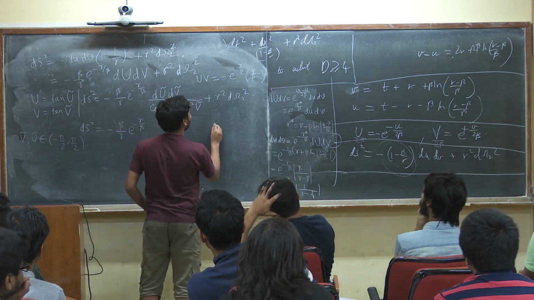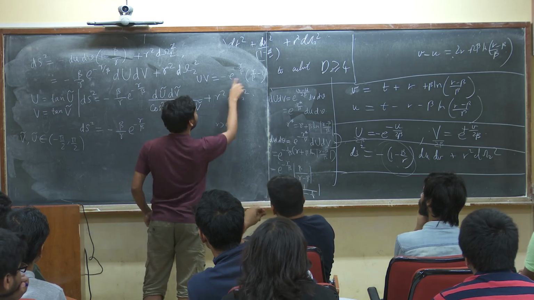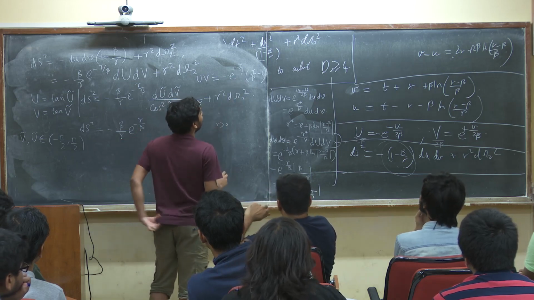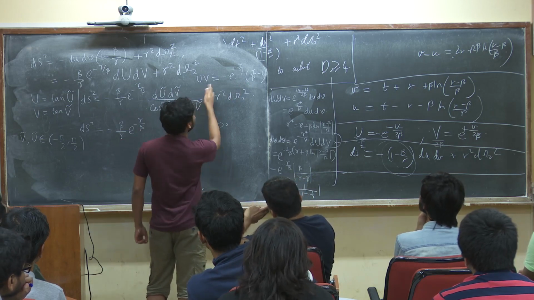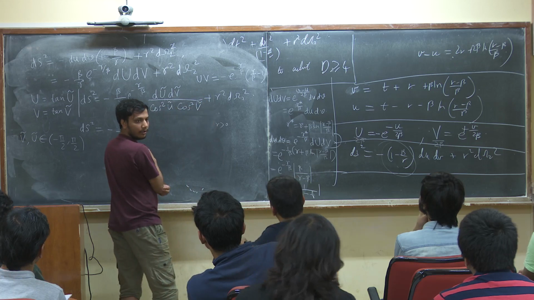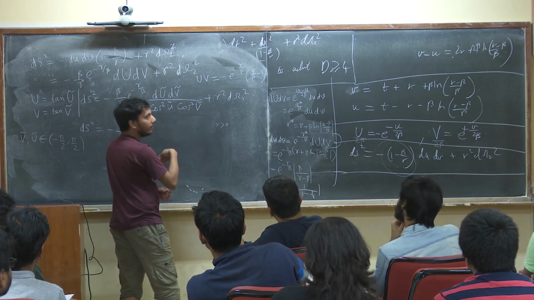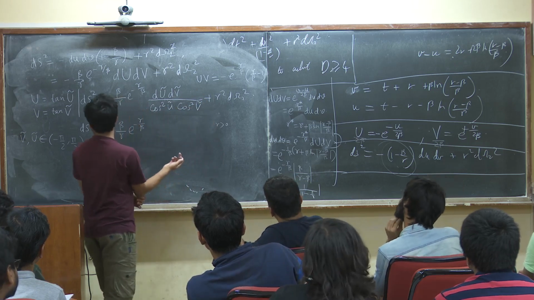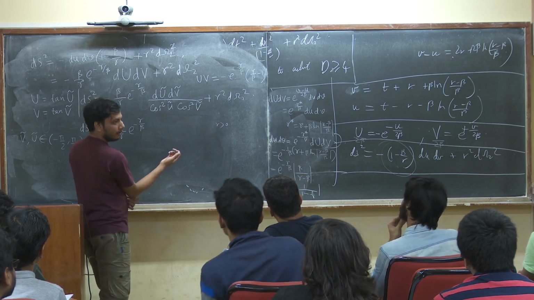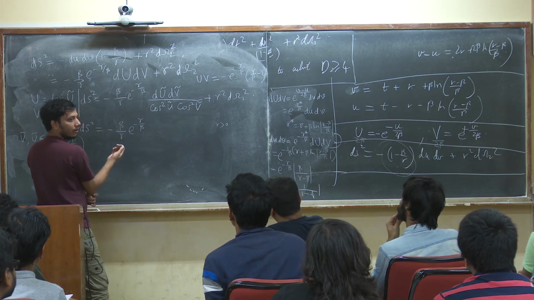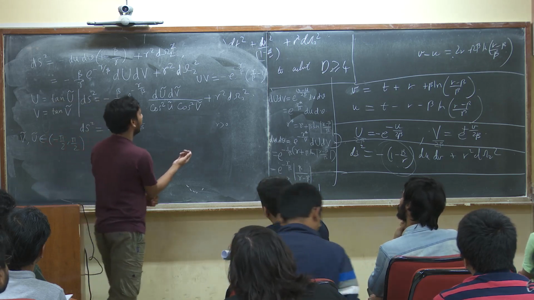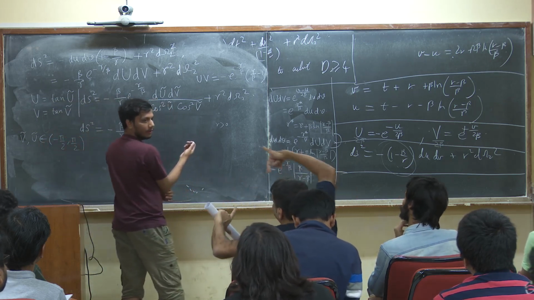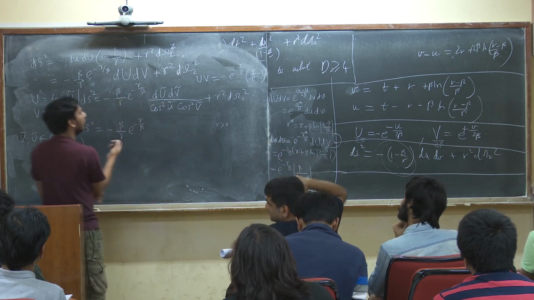So r greater than 0 does not give anything, but u and v change signature below beta and greater than beta. Yes, true. That's what we saw, right? That u and v are flipping sign as you go past it.